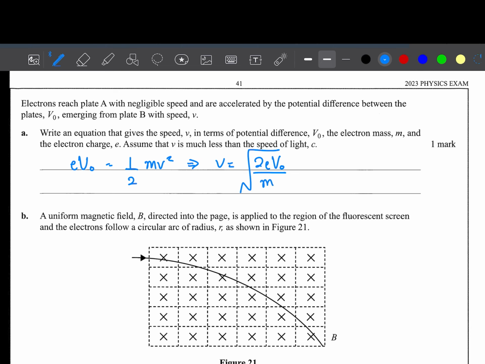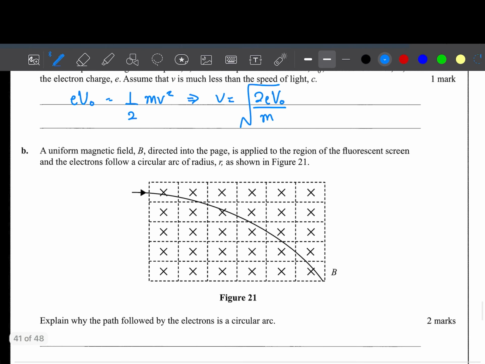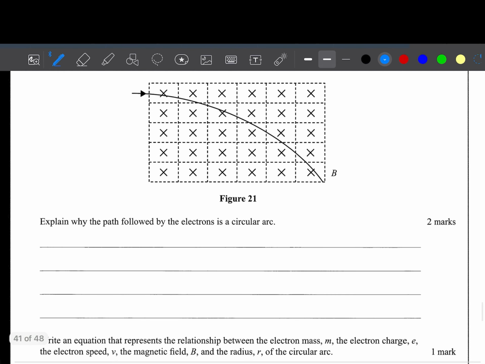A uniform magnetic field directed into the page is applied to the region of the fluorescent screen, and the electrons follow a circular arc of radius r as shown in figure 21. Explain why the path followed by the electrons is a circular arc.